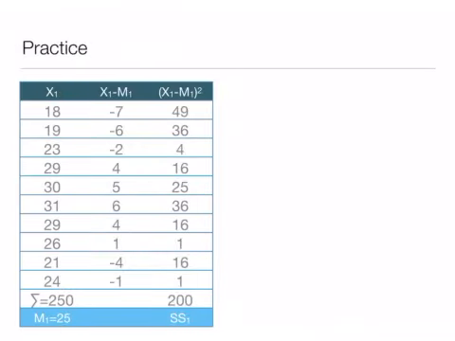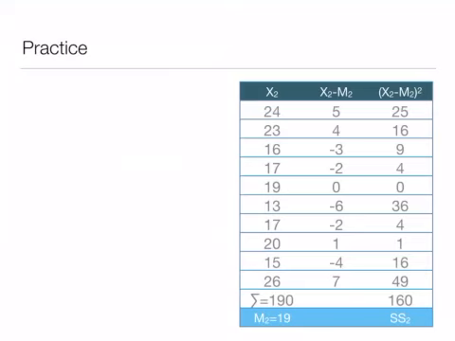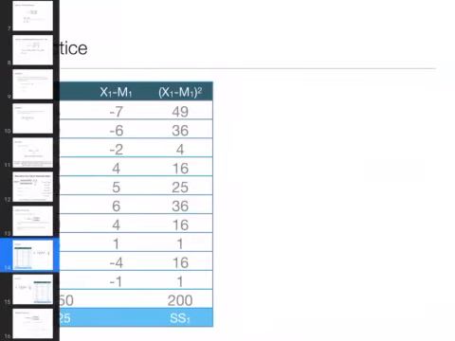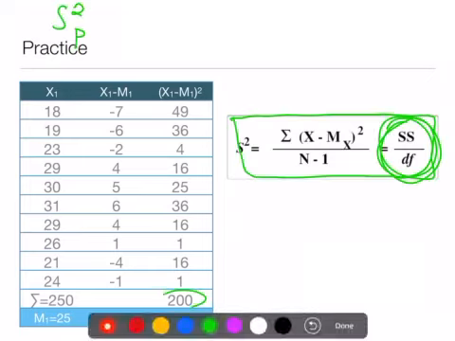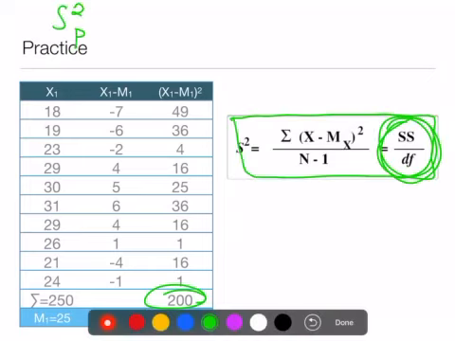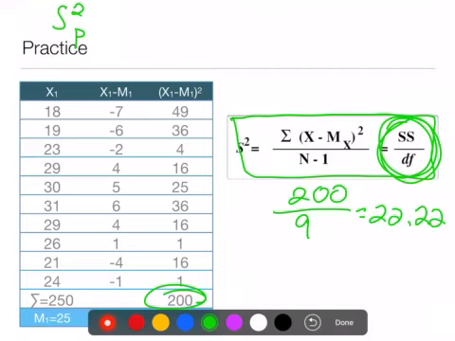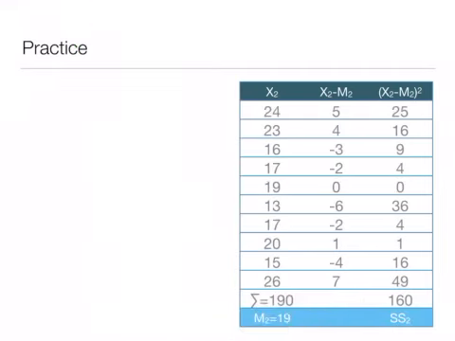Okay, the first thing we're going to do is, we know we had sums of squares of 200. So we'll take that 200 divided by the degrees of freedom from each group. We had 10 people in each group, so that gives us degrees of freedom 9. So 200 divided by 9 is equal to 22.22. We'll do the same thing for the next group.